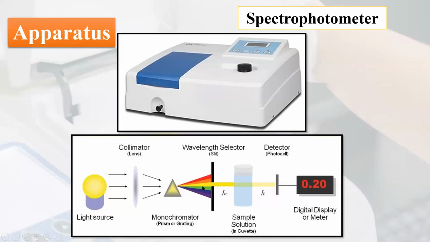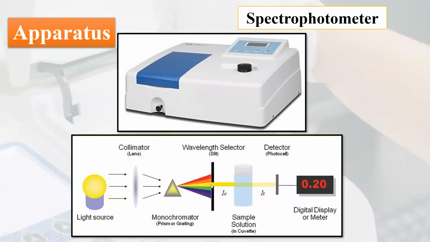From this, a monochromatic light of a single wavelength passes through the sample. Whatever solution you take, we take it in the cuvette. This monochromatic light passes through the solution, and then there is the detector.